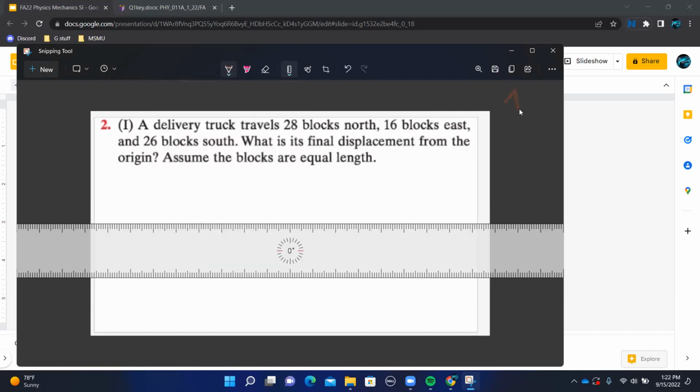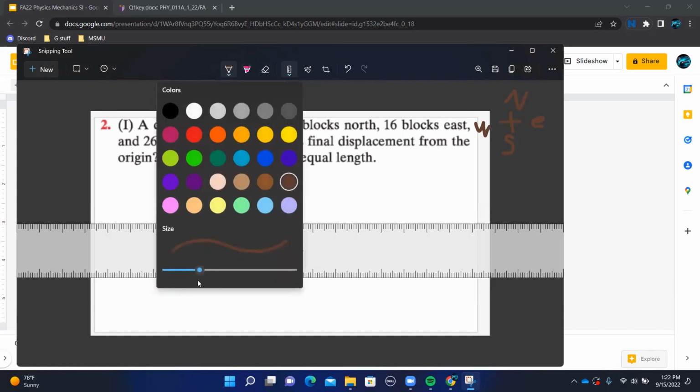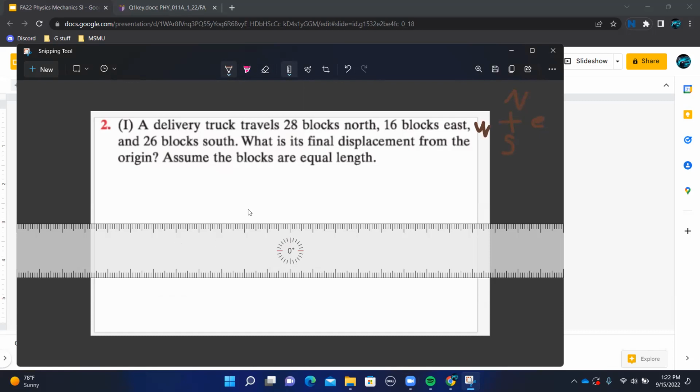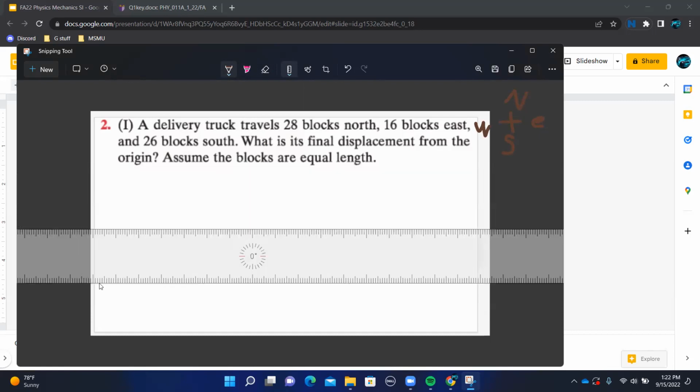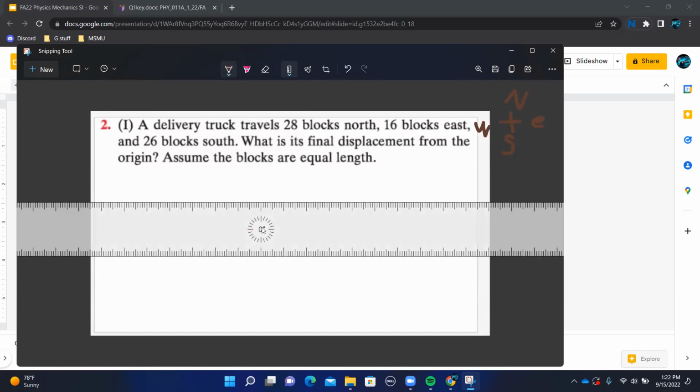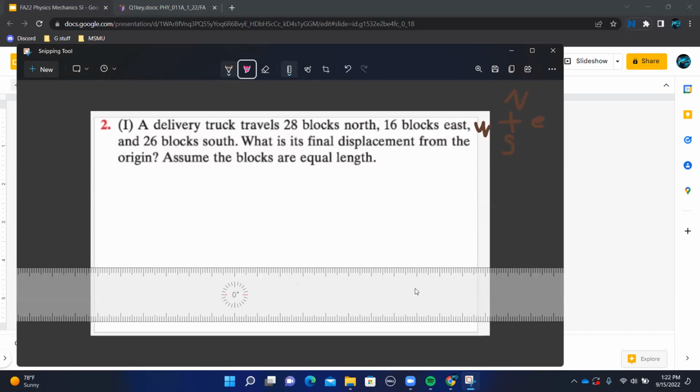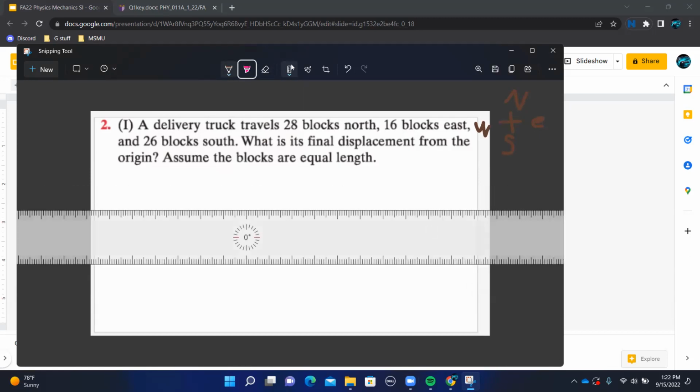Never eat soggy waffles for your directions. This is still kind of big, so let me turn this. There's a way to rotate this.